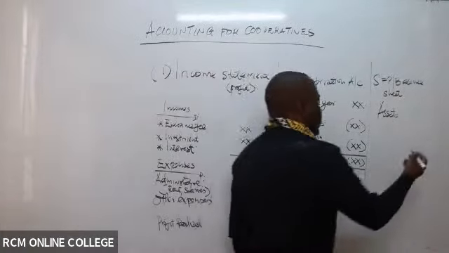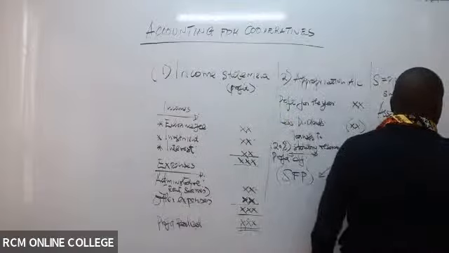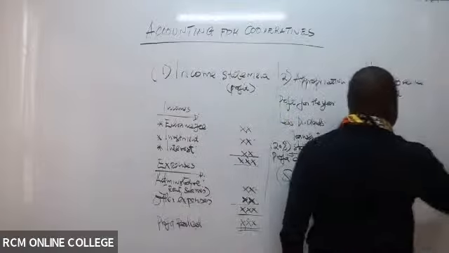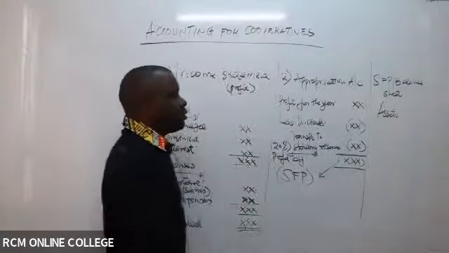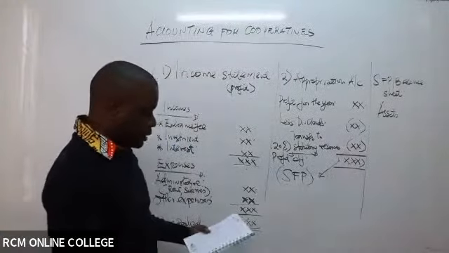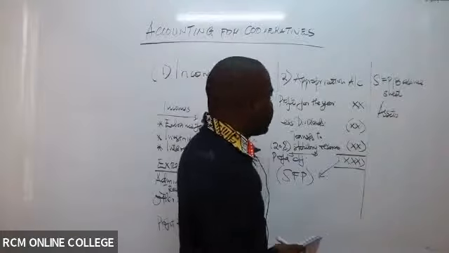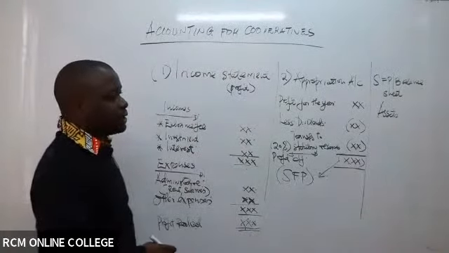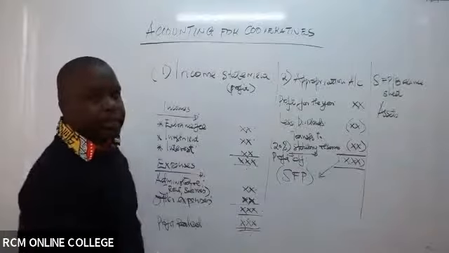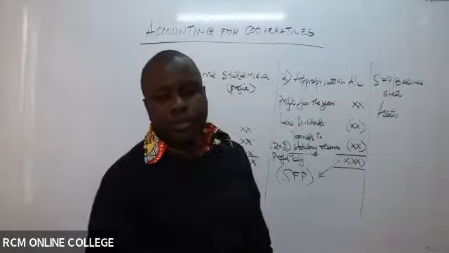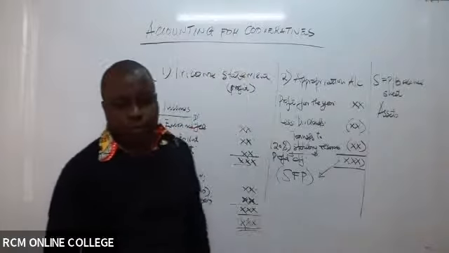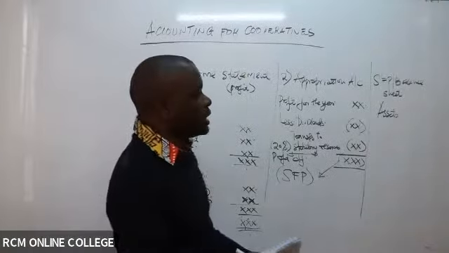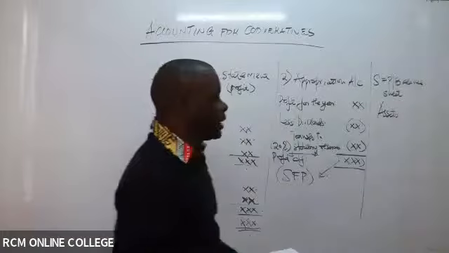So you'll have the assets here. Part of what is also very key is that sometimes this cooperative might end up giving loans to the members. If it has given loans to the members, then this will be part of the assets of that particular cooperative society.